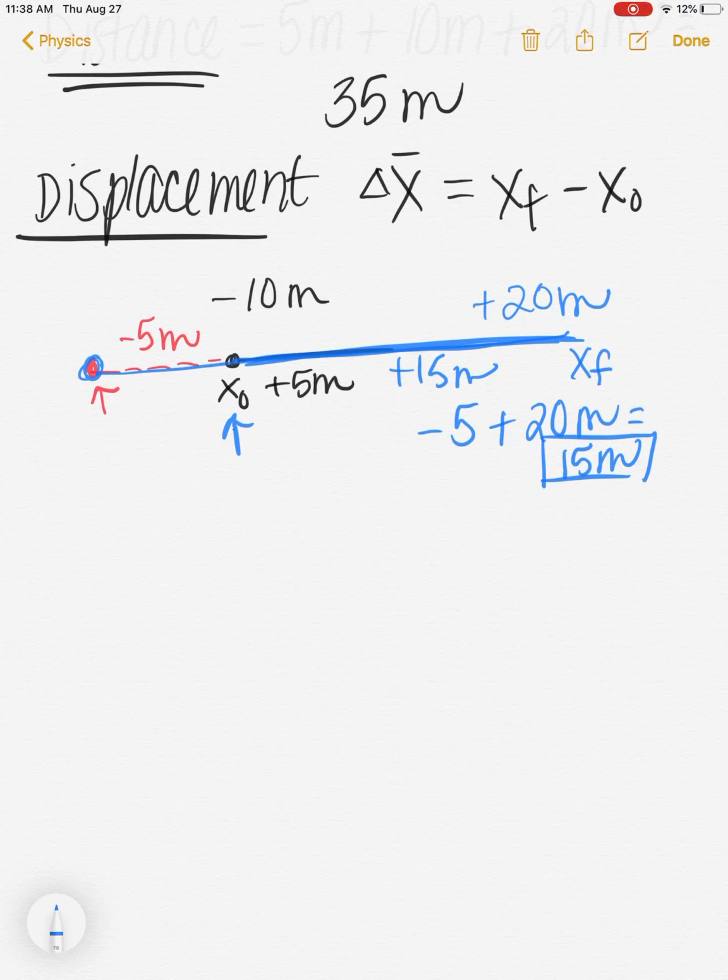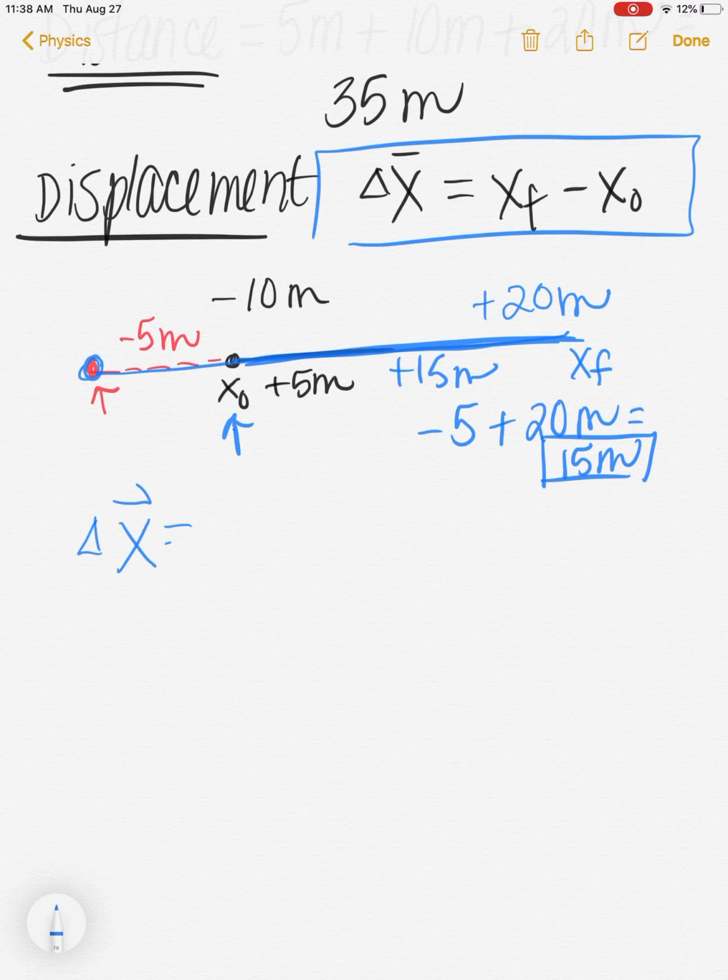So perhaps a less confusing way to think about this, instead of using this equation for displacement, would be for us to add all of these up, but pay attention to signs. So displacement in this case is going to be equal to positive 5 meters plus a negative 10 meters, because that was backwards, plus 20 meters in the correct direction.